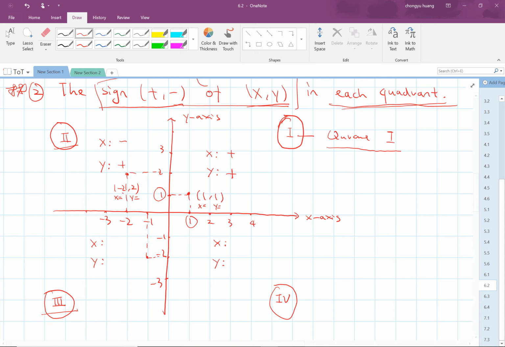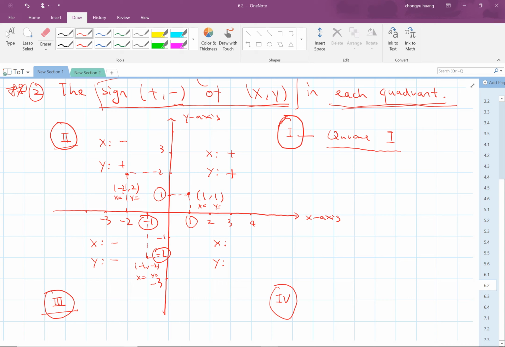Okay, so you can see we have -1 and -2. So -1 is equal to x, and -2 is equal to y. So both x and y are negative, right? As you're getting better, you don't even need to plug in a point.